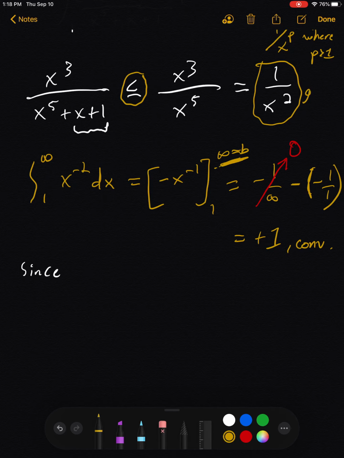And so then I can say, since, and I'm going to label things, the gold one is g of x, and the white one is my f of x.